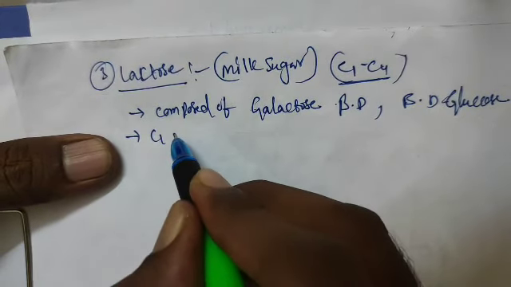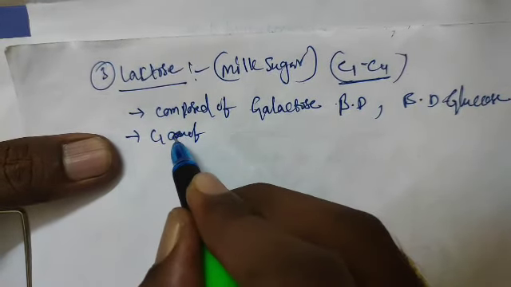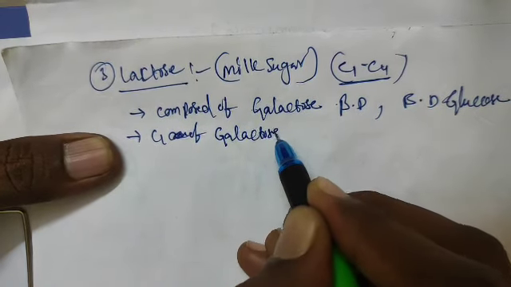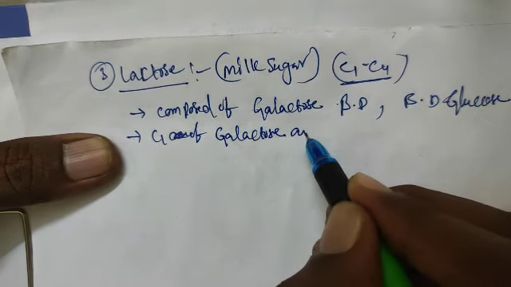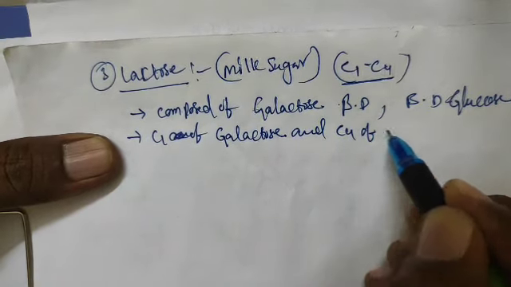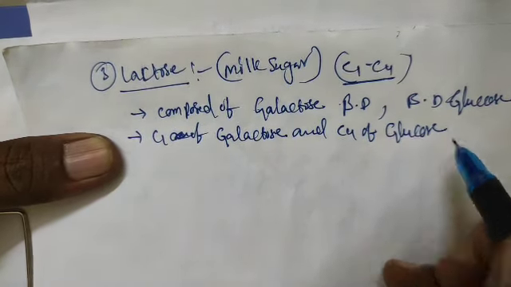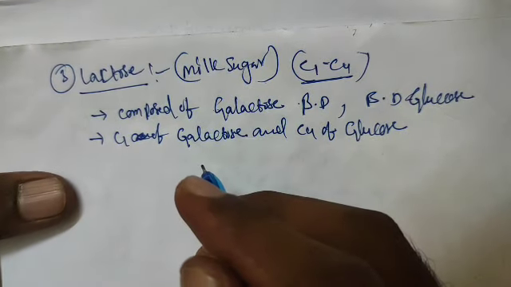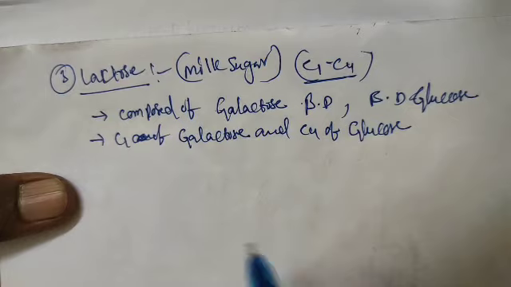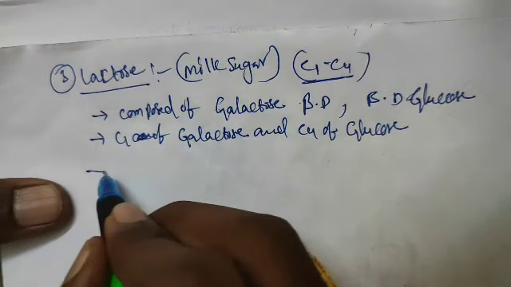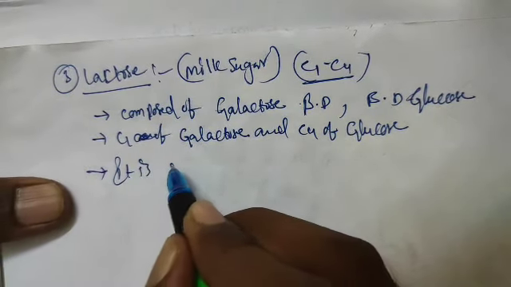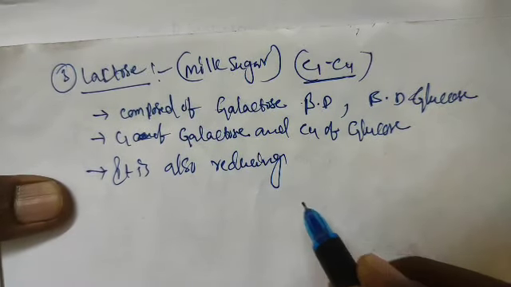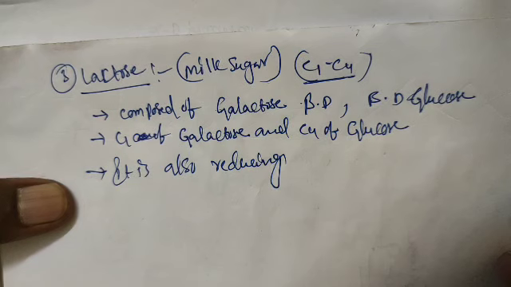So where it is C1 of galactose, and C4 of glucose. Galactose will form a glycosidic linkage: C1 of galactose, C4 of glucose. It is also a reducing sugar. Which disaccharide is a reducing sugar?